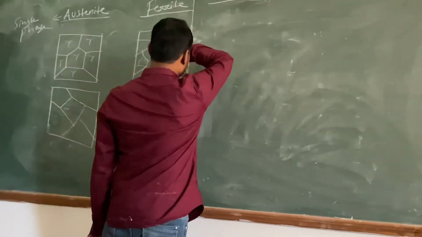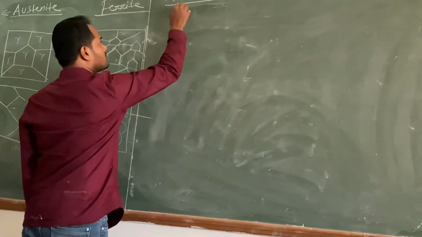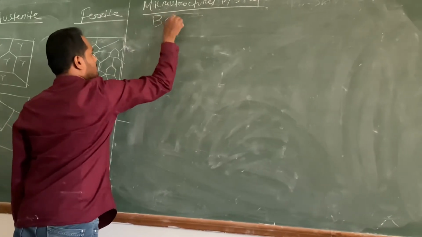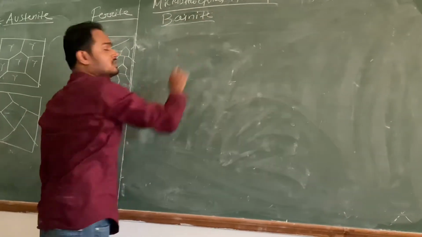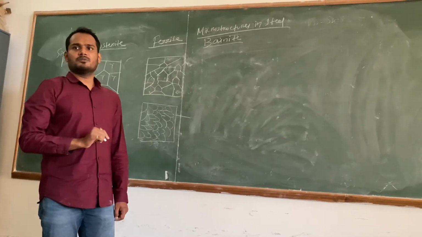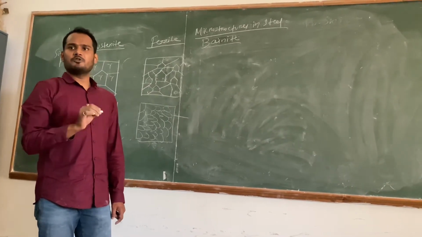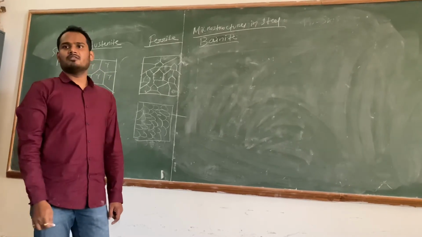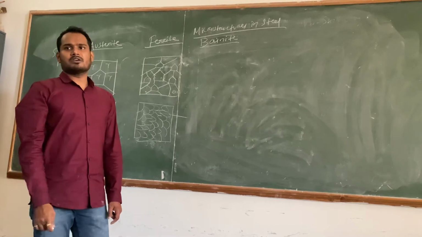So now I have austenite and ferrite, and suppose I want to show you bainite. Bainite we cannot see easily under an optical microscope. Why? In an optical microscope we are using optical light, normal light, which has a high wavelength, like 400 nanometers to 700 nanometers.